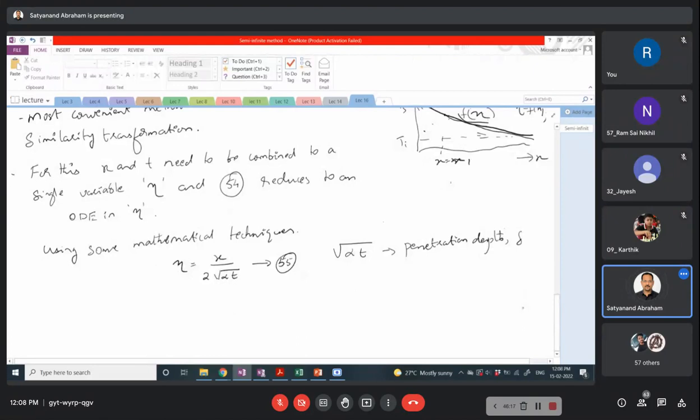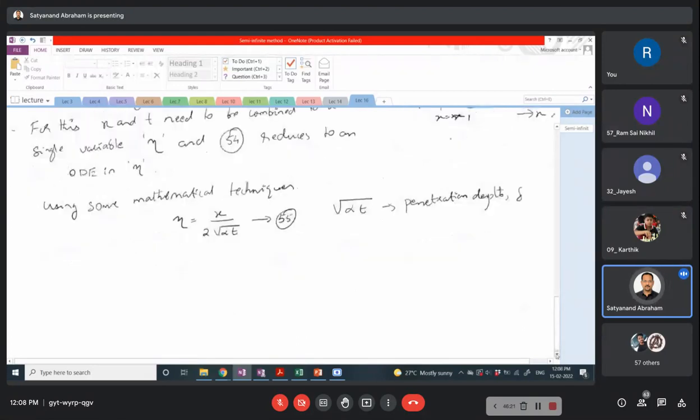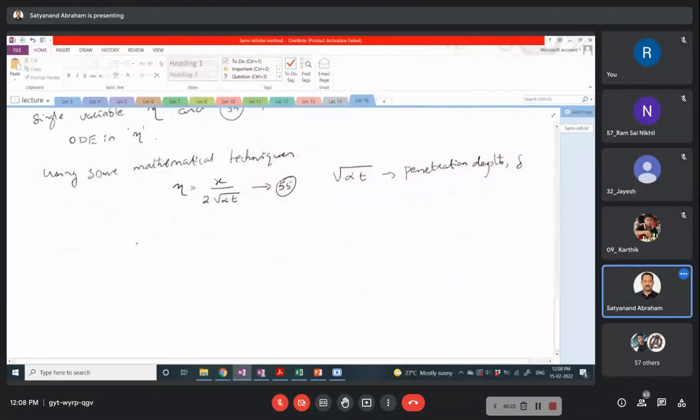Now we need to convert our partial differential equation into an ordinary differential equation. For that we need to convert all the terms in terms of eta.